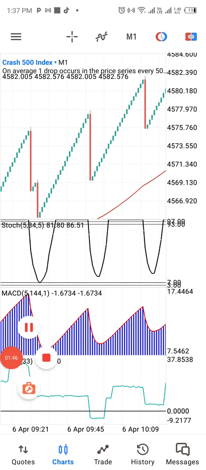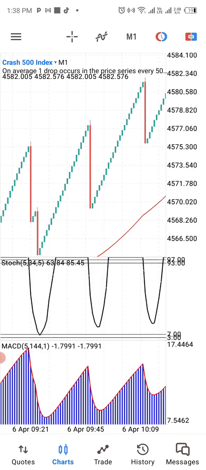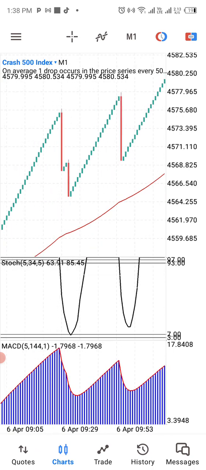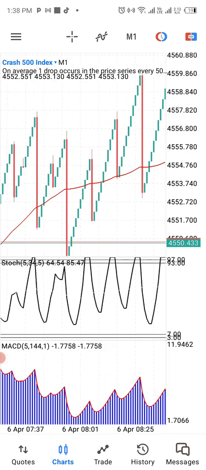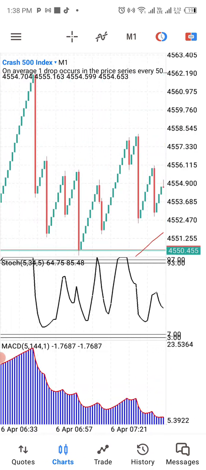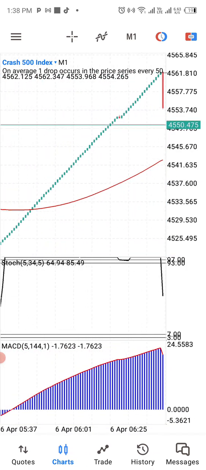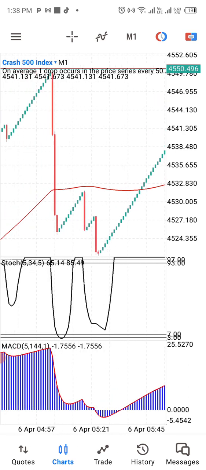So what I'm going to do here, I'm going to delete all the settings. I will reset everything so that you'll be able to understand how it works. But before that, I'll just give you the clue, the conditions you need to follow before you place your trades.